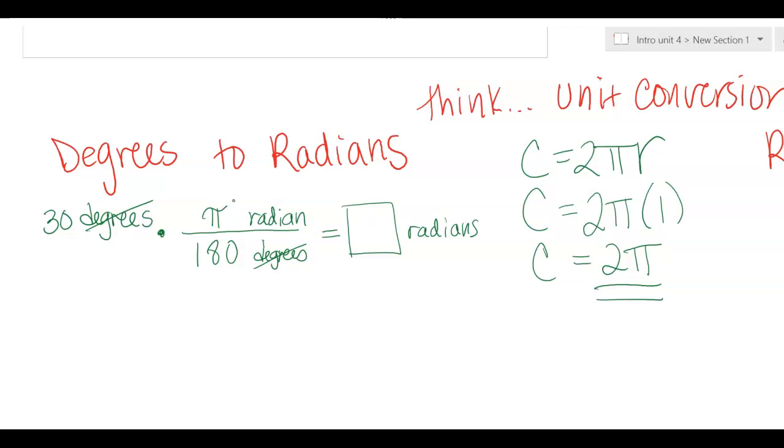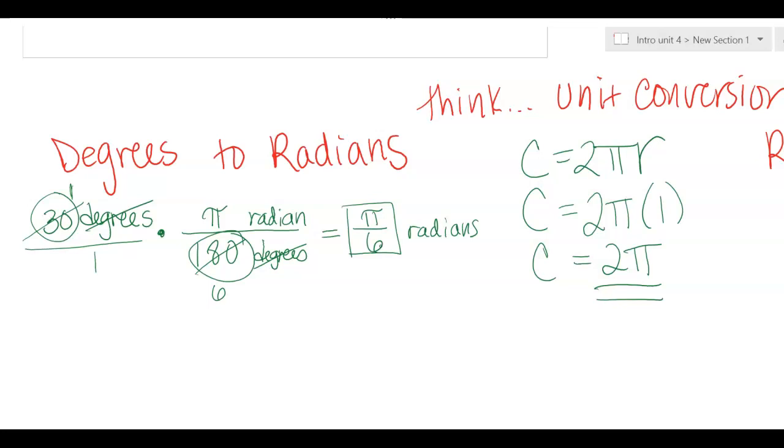And so then we would want to reduce the 30 and the 180. The 30 is in the numerator and the 180 is in the denominator. 30 actually goes into 180 6 times. And so 1 times pi makes pi, and 1 times 6 makes 6.